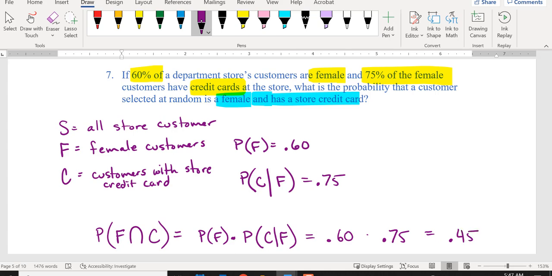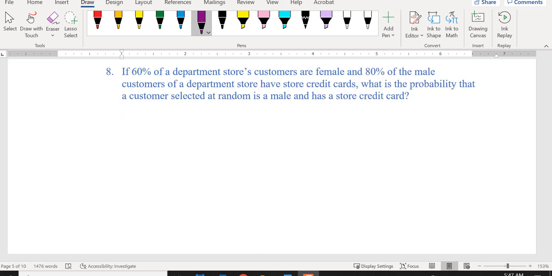So the probability of the customer being female and having a credit card is 0.45. Similar question, number 8. If 60% of a department store's customers are female and 80% of the male customers have store credit cards, what's the probability that the customer selected at random is male and has a credit card?